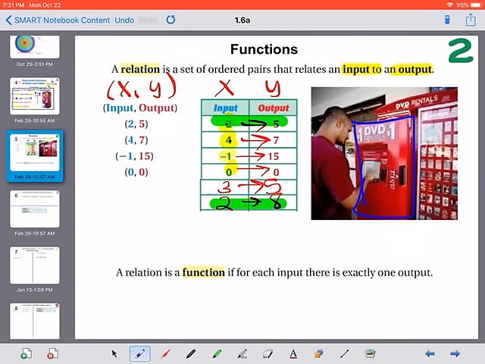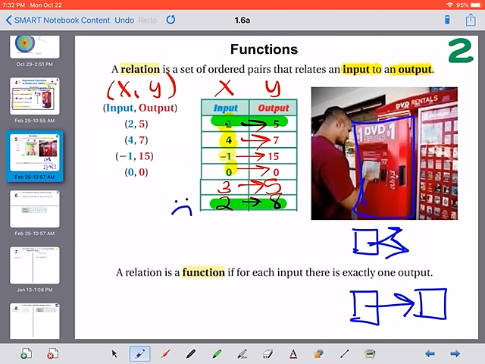If you push one button, you shouldn't get two options. If you push one button, you should get your one option out. Okay? So this one would not make it a function. This one would continue to make it a function there because there aren't any other 3's. So it says a relation is a function if for each input there is exactly one output.